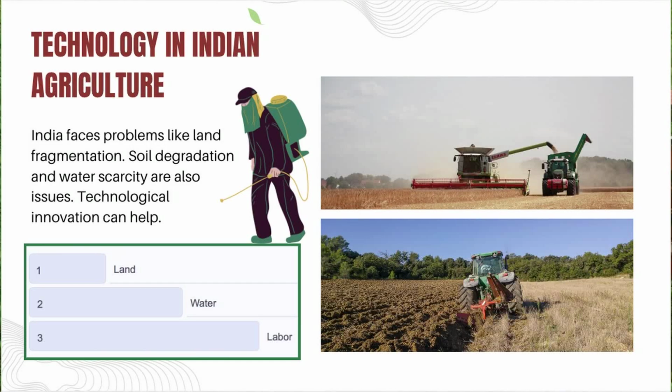Therefore, in this scenario, technological innovation plays a pivotal role to overcome this problem as well as in advancement of agricultural productivity. There are four main factors for the technology in agriculture. So what are these main factors?